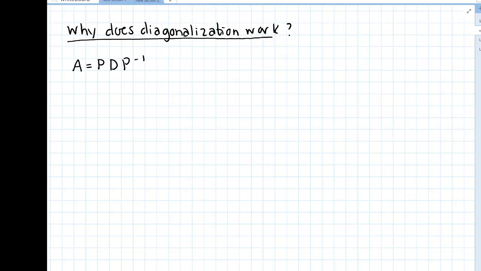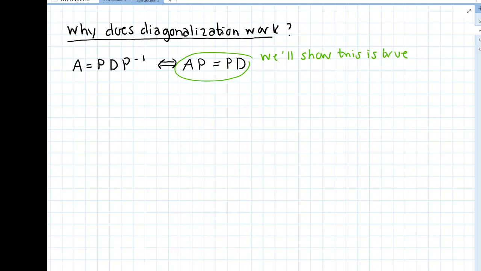In order to show you why this works, I'm going to write it the way I mentioned the other day: if you take the equation A equals P D P inverse, and you multiply on both sides by P on the right, you end up with AP equals PD. We're going to show that this second part is true, rather than showing the part with the inverse, just because that's a little bit harder to do.